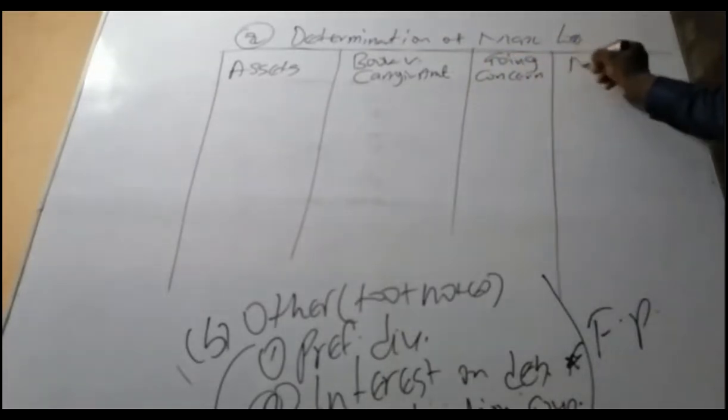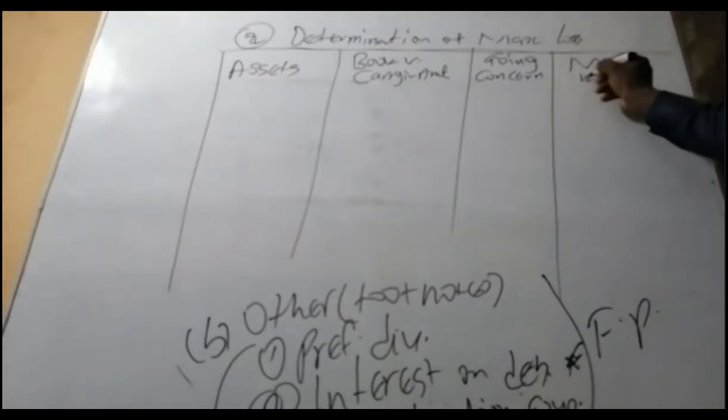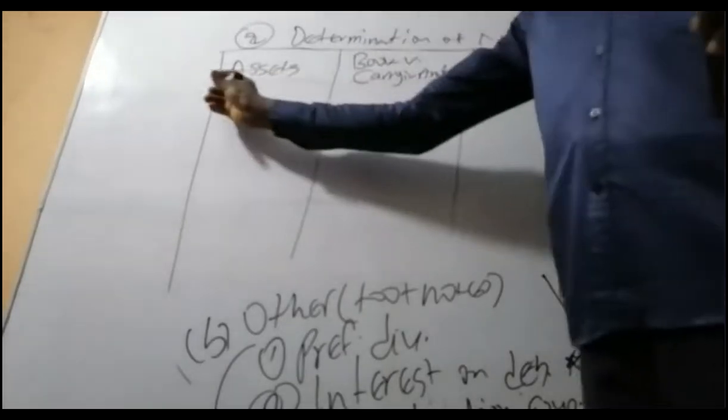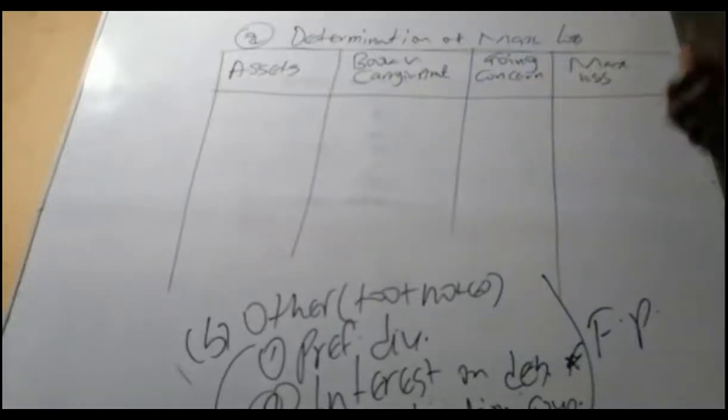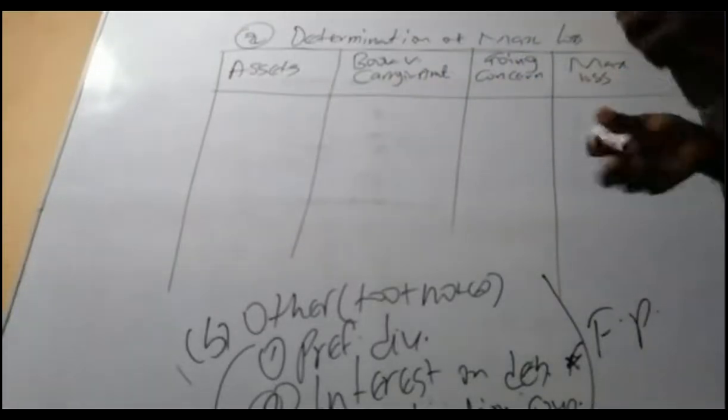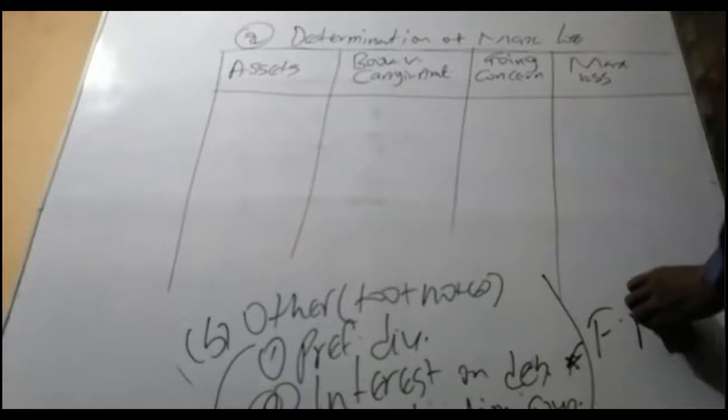Then you need a maximum loss. So that is how the headings will be like.